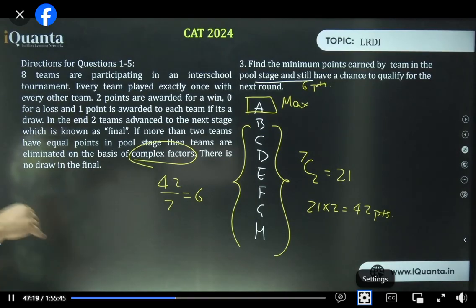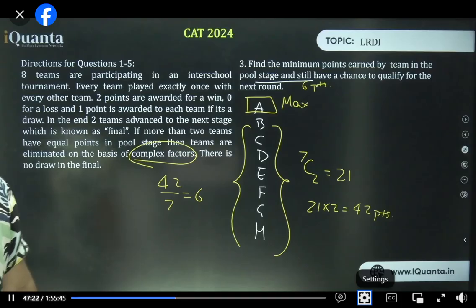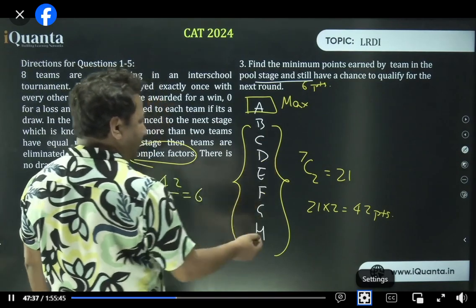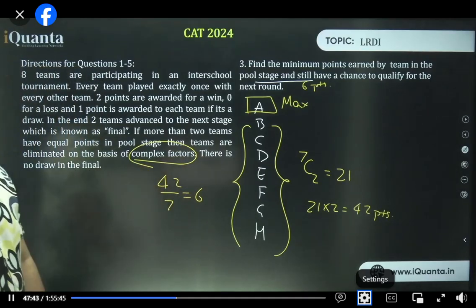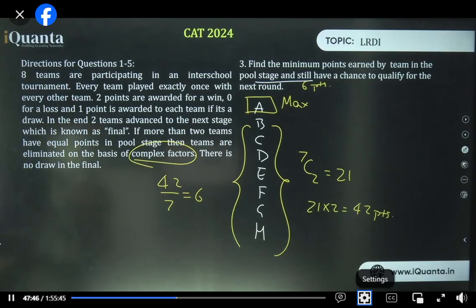After we are done with this set, everything will be clear to you. Gaurav, even if every match is a draw, then also we'll get the same answer. These 6 points can be obtained even if every match is a draw. Doesn't really matter, because I'm distributing 42 points equally among all the people.